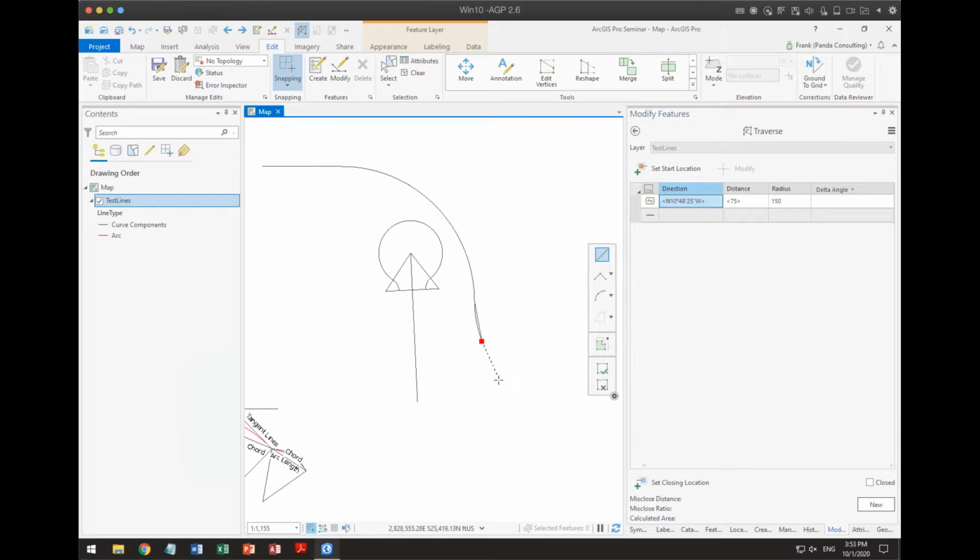So what I'm trying to do is just create something here. And let me just say, this is 15 feet southeast. This is 0.